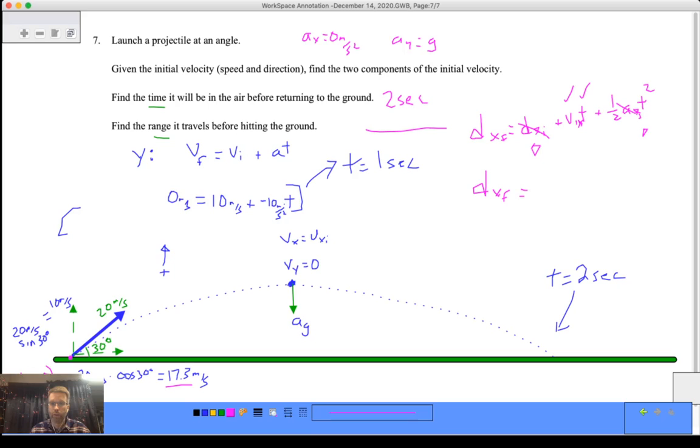So 17.3 meters per second is the velocity, times the total time in the air, 2 seconds, and from there we've got it. 17 times 2 is 34. This must be 34.6 meters as our range, that is distance x final. So there is a quick run at a nice symmetrical angle launch projectile problem.